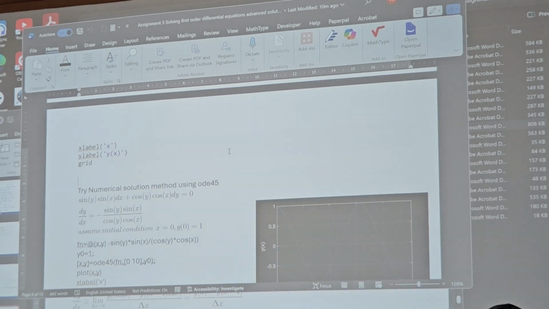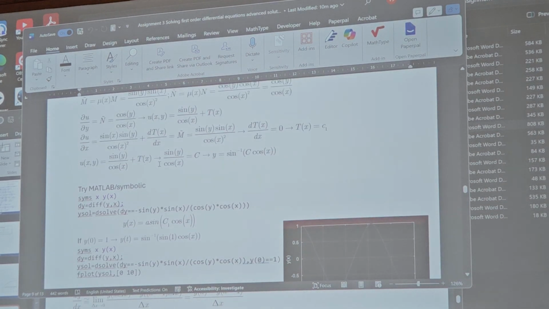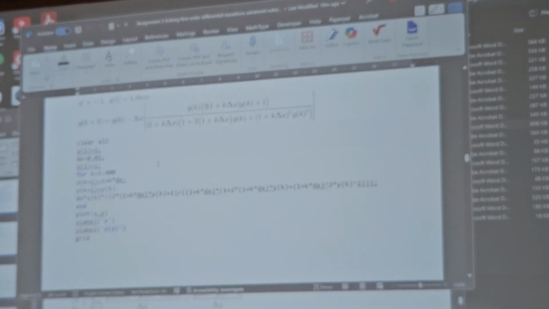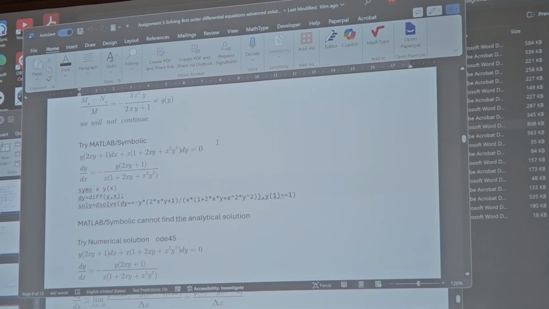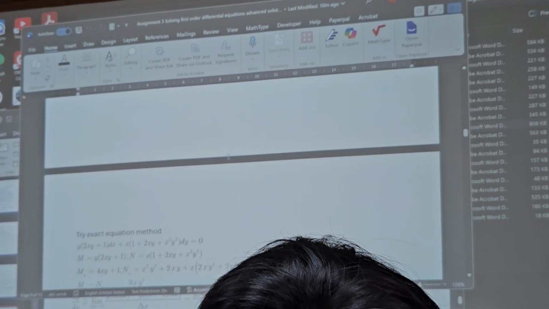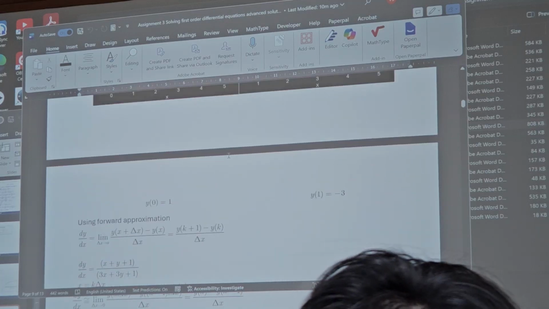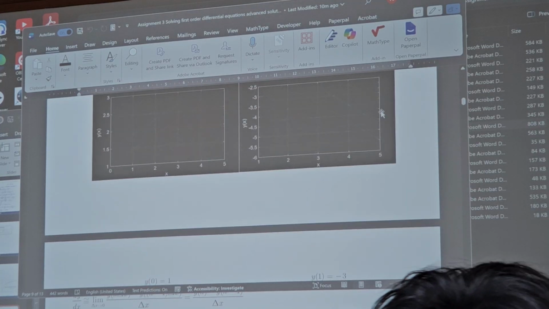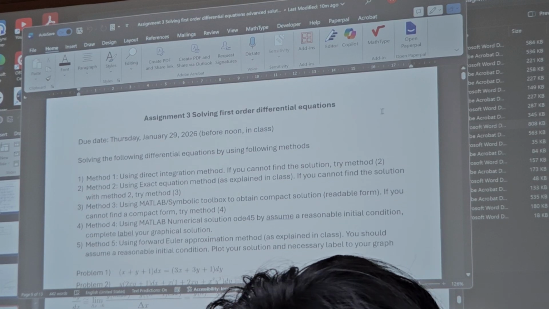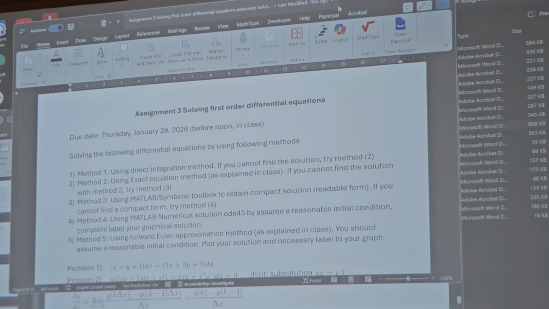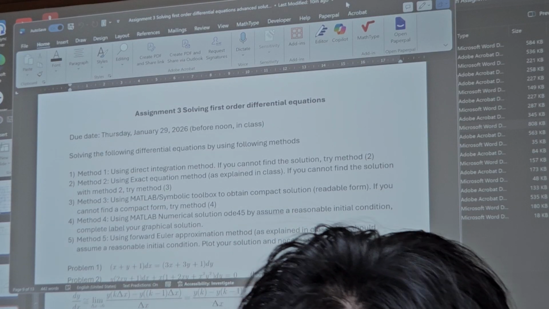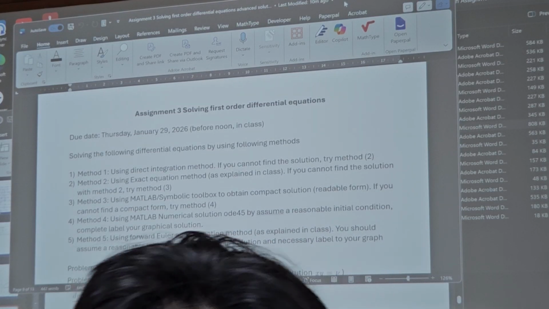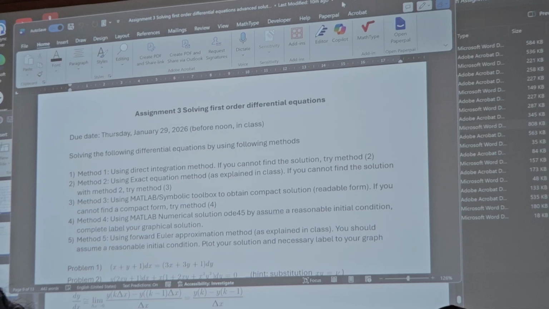Okay, you still have time. You can try anyway. You don't have to submit today. The end of this week. Next Thursday. So you have two assignments.